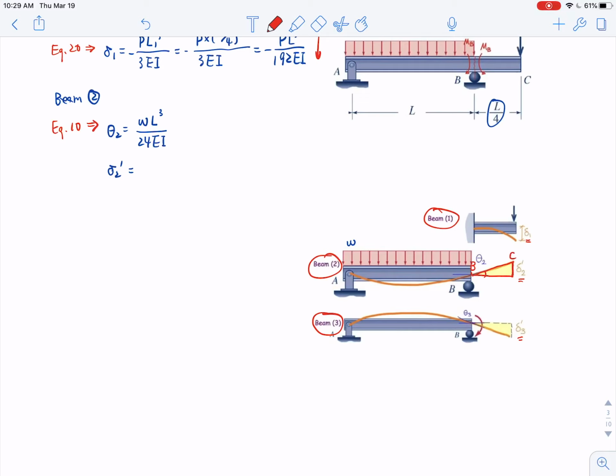We suppose this is a small enough angle, so delta 2 prime just equals BC times theta 2. BC is L over 4, times W L cube over 24 EI. This will be W L to the 4th over 96 EI, and this is an upward deflection.